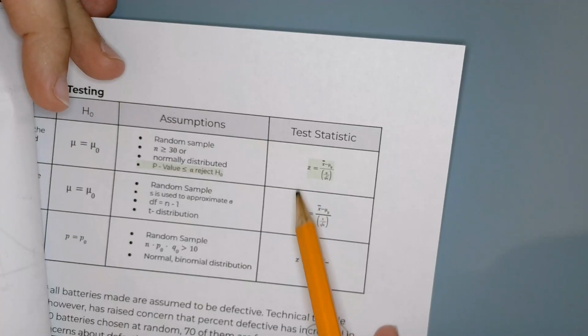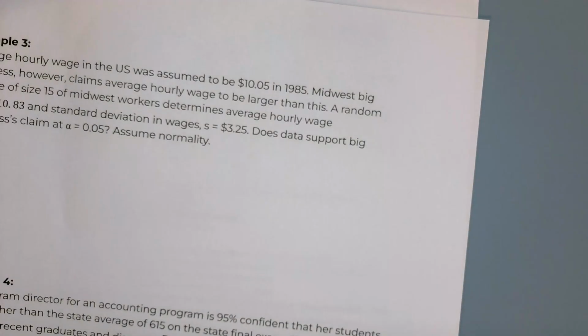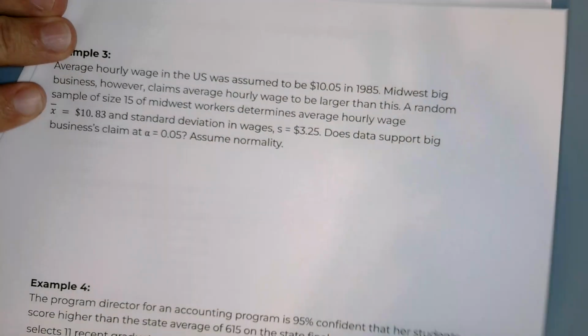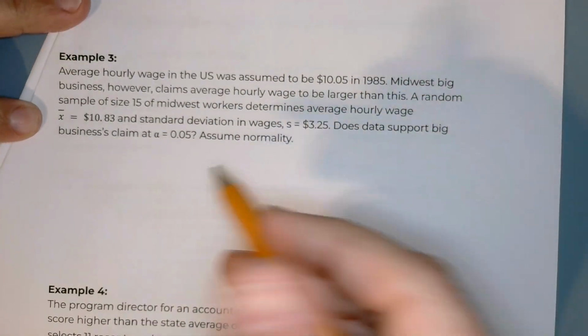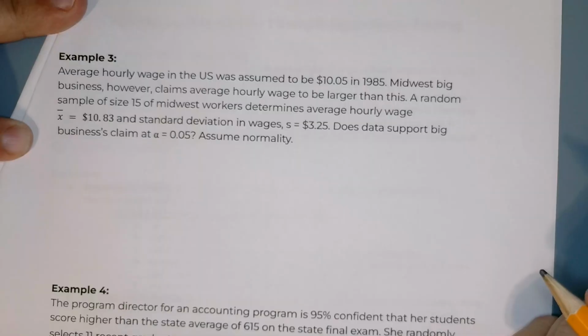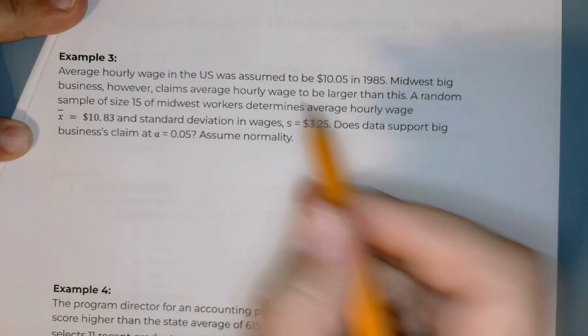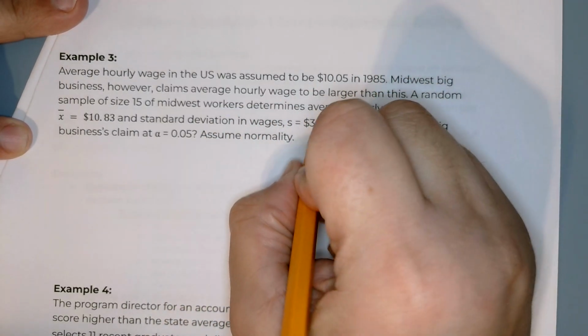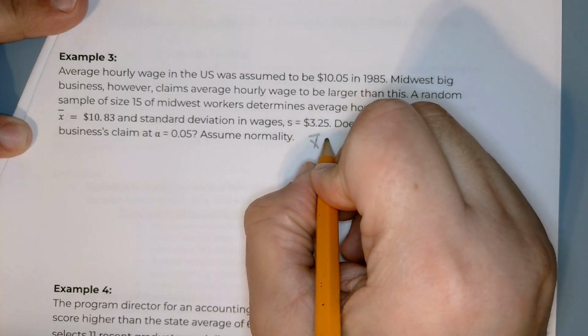So you'll have to use different tables for that. Now, if you use the wrong one, it's not the end of the world. Your decimals will be a little bit off. But because they're telling us to assume normality, and they don't give us a population standard deviation, we only have the standard deviation of the sample, we have to use the t-distribution.